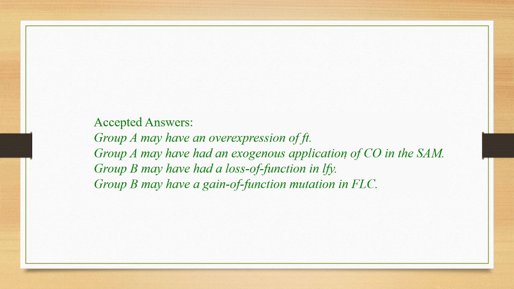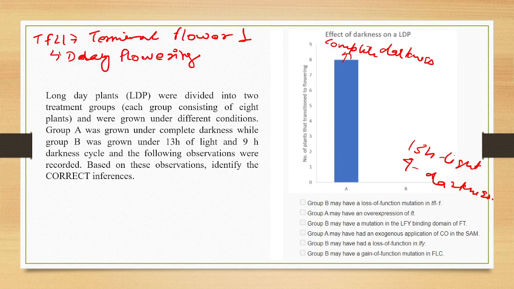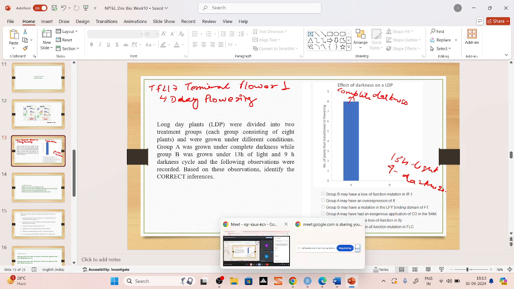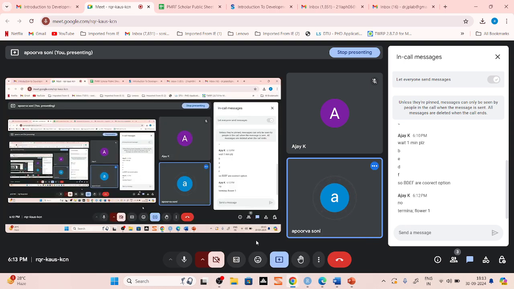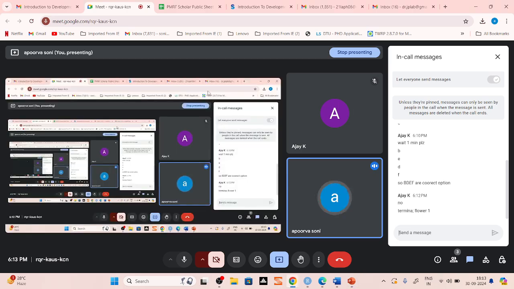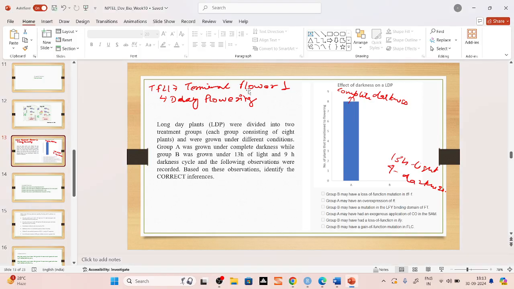I don't know why they have not given A as correct, but according to me, option A should be correct because in this TFL1 gene there is a loss of function mutation. I have written terminal only. I'm sorry for my bad handwriting. I'll just rewrite it again.